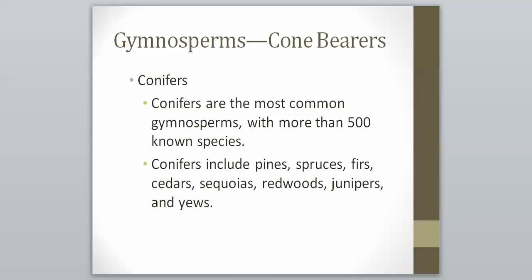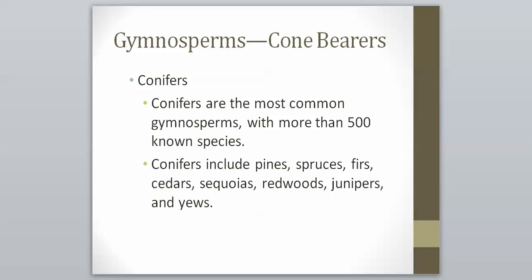Then our last group of the gymnosperms, the cone bearers, are the conifers. These are the most common gymnosperms, with more than 500 known species. They include pines, spruce, firs, cedars, sequoias, redwoods, junipers, and yews. These are what we call our evergreen trees.